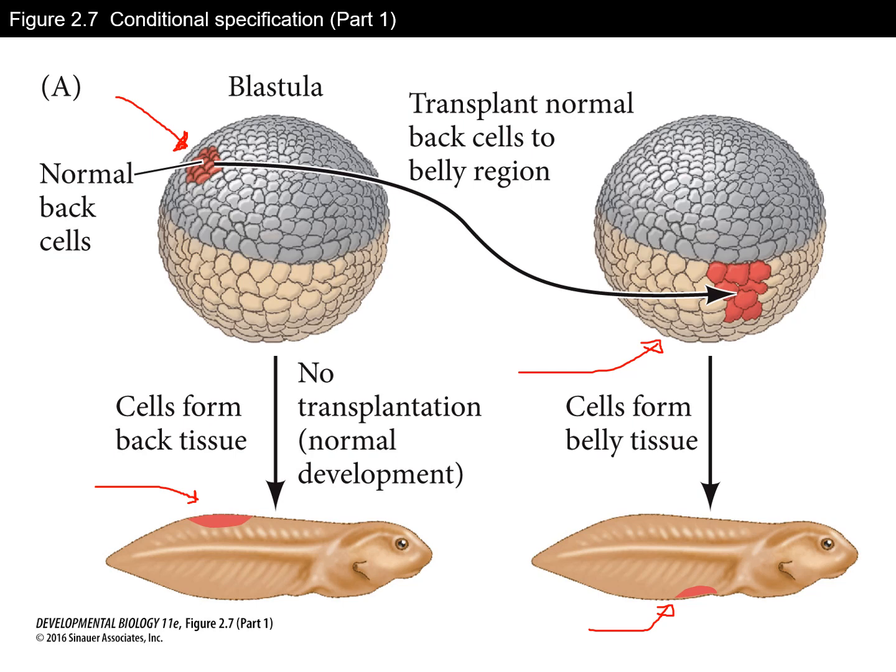As opposed to autonomous specification, where if you isolate them, they're going to develop fully into whatever tissue they started out as, in conditional specification they look at the neighbors and decide, okay, I'm going to change my strategy.